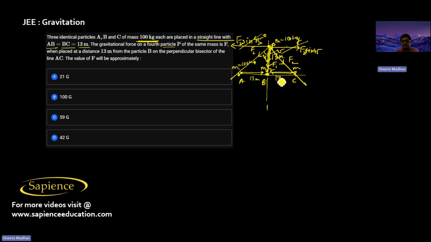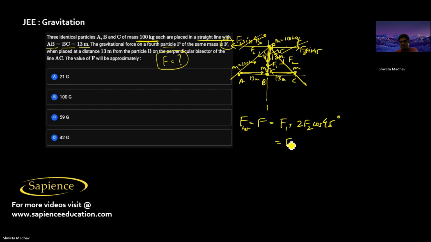And now this way, the net force F on the fourth particle P, which is given as F, we have to find the approximate number of F as the unit. So F will be equal to F1 plus 2 F2 cos 45, which is F1 plus 2 F2 into 1 by root 2.